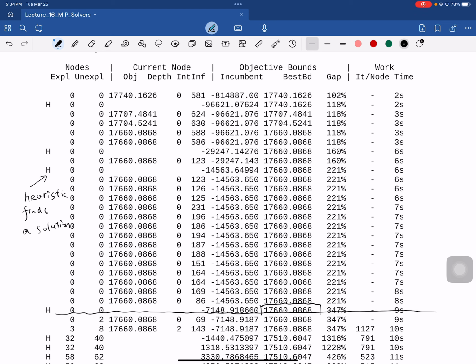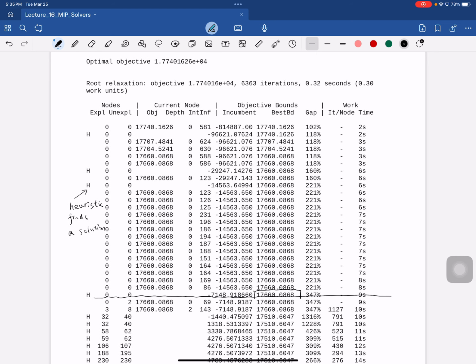So if this bound does not improve a lot once the solver terminates and finds the optimal solution, that means at the root node you already got a very good bound. The branching does not help at all to improve the bound. Then that means the bottleneck is finding a good feasible solution, right?